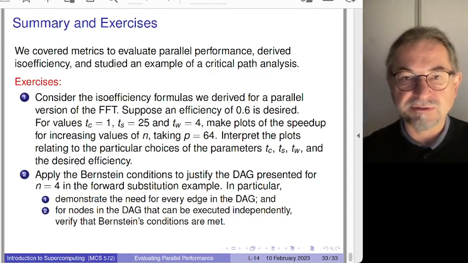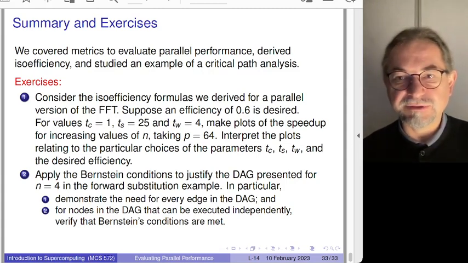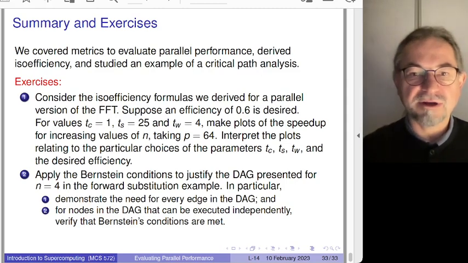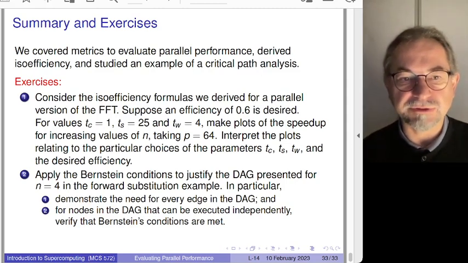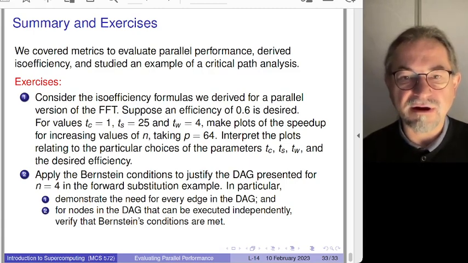In some sense, I jumped a little bit too fast between the derivation of the task graph and the Bernstein condition. So what the second exercise actually asks for is to justify the directed acyclic graph.